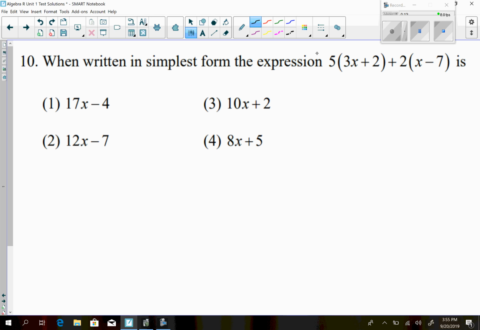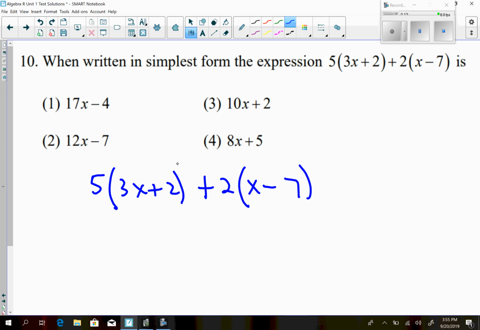Number 5, we distribute again. We're going to take 5 times 3x plus 2, and then positive 2 times x minus 7. Distribute means 5 times 3x, 15x. 5 times positive 2, positive 10. That gets rid of parentheses.